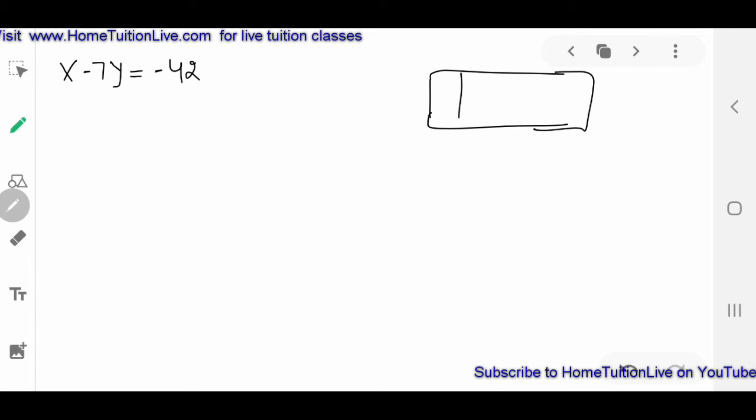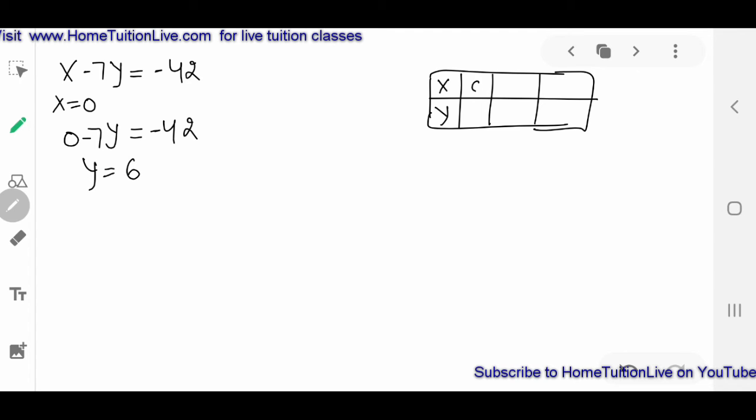We will see here x and y. Suppose x is 0. If x is 0, 0 minus 7y equals minus 42. So y becomes 6. If x is 0, y is 6.